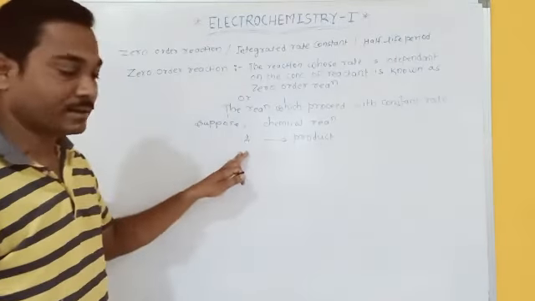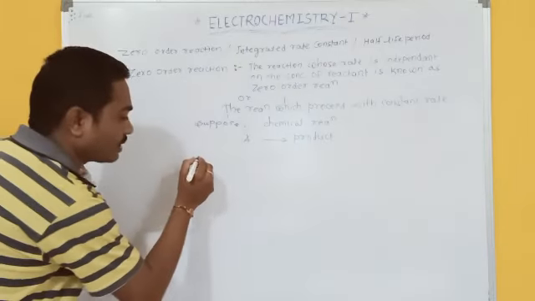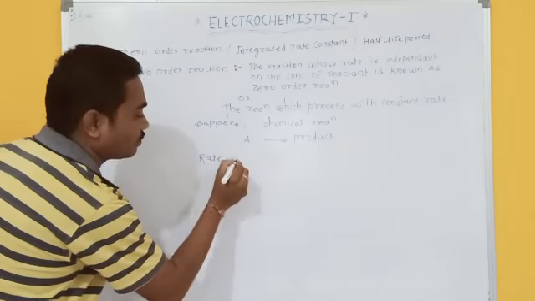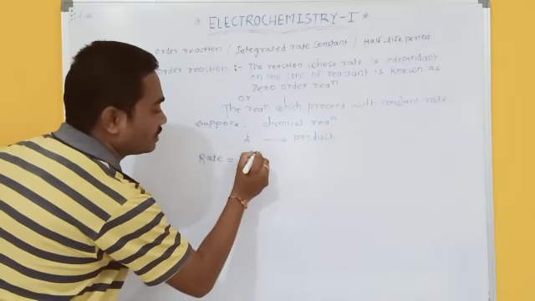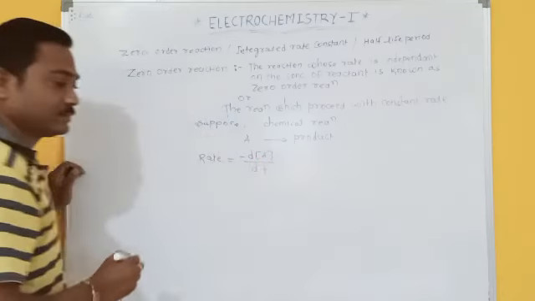A is the reactant and this one is the product. Then we can find out the rate of such a reaction is equal to minus d concentration of A divided by dt.